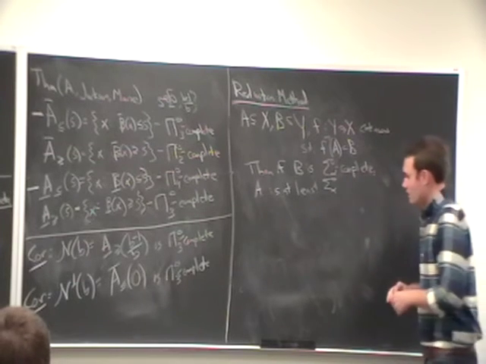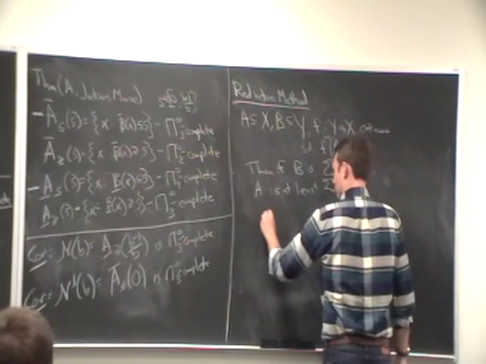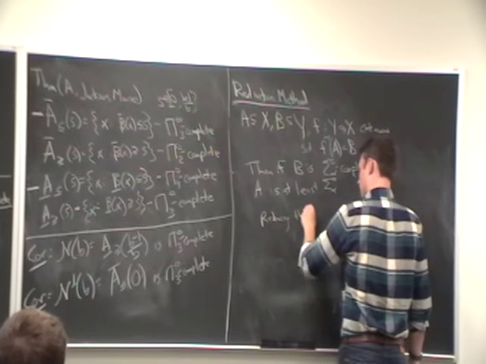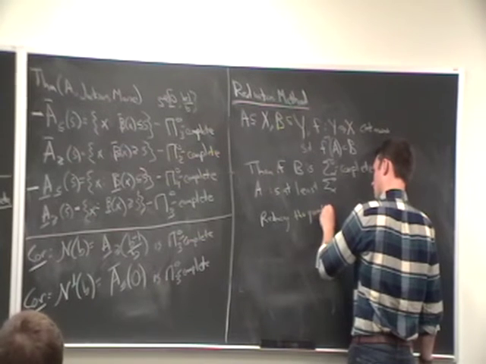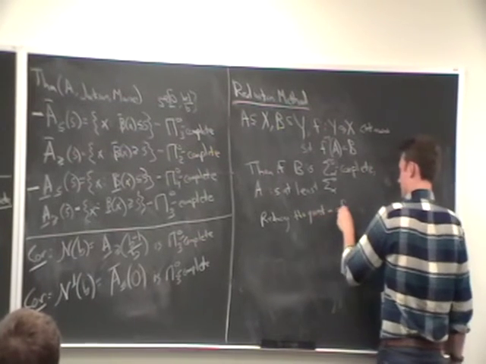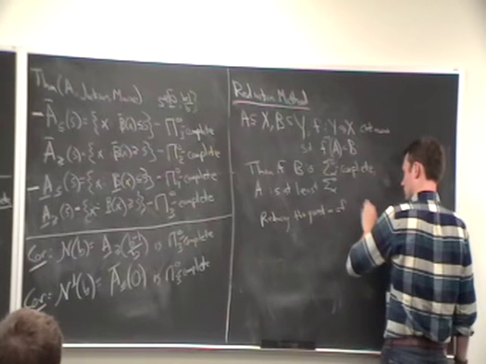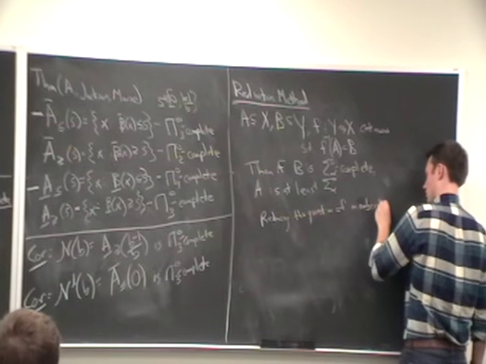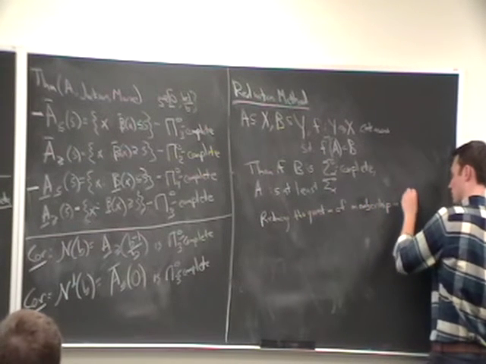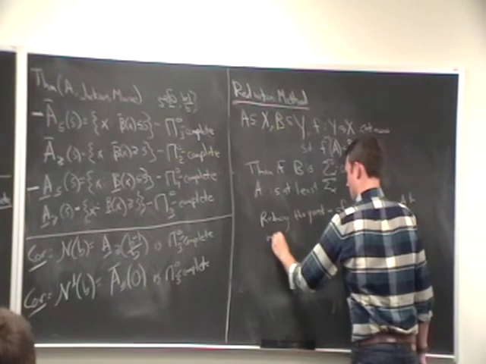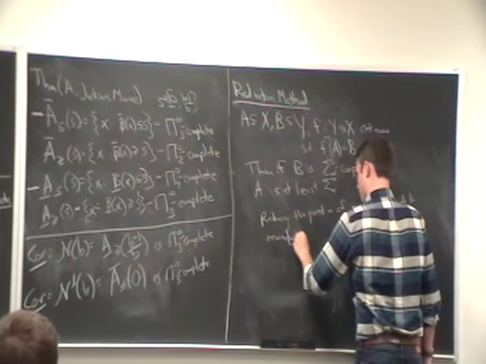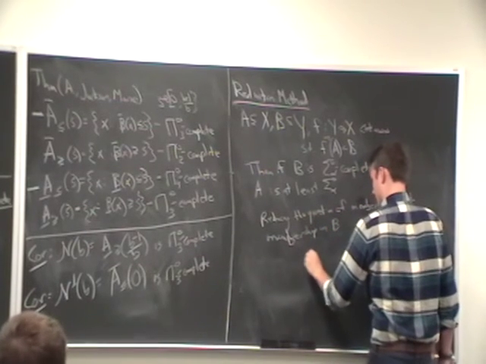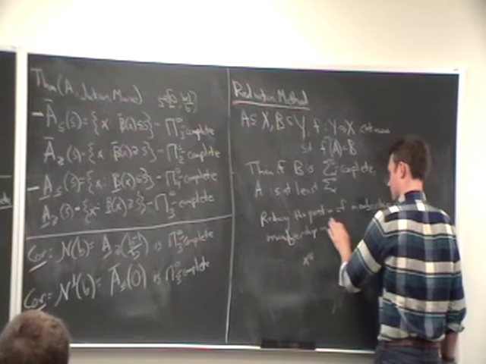So it's called the reduction method because what you're really doing is reducing the question of membership in A to membership in B. Because we have that, you know, X is, sorry, reverse those.